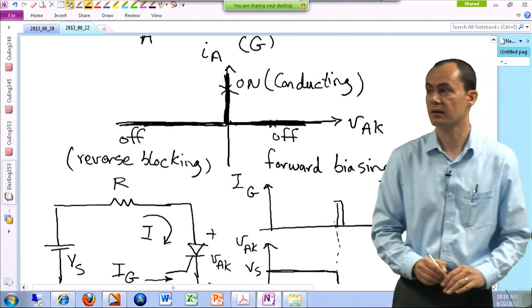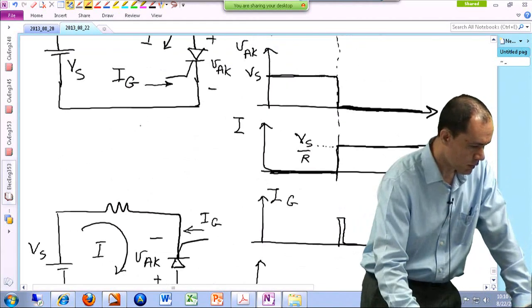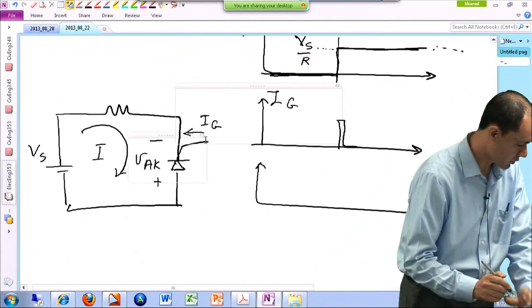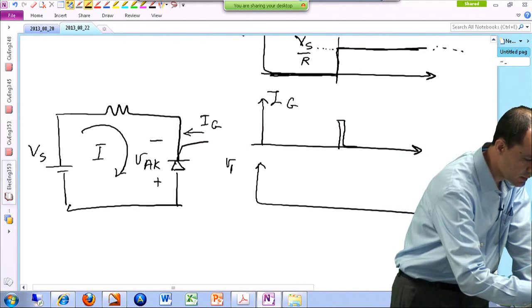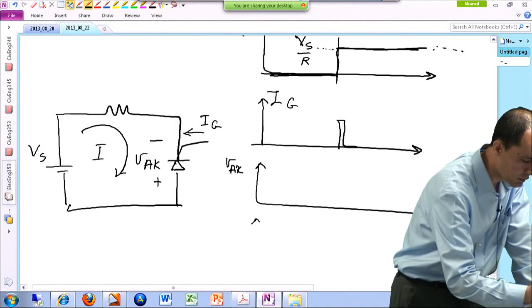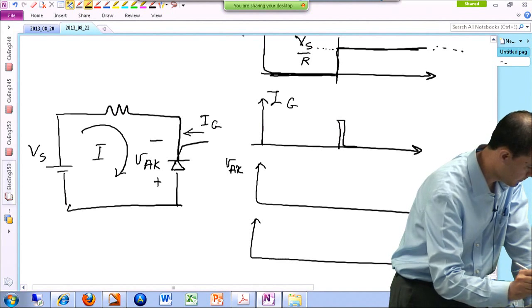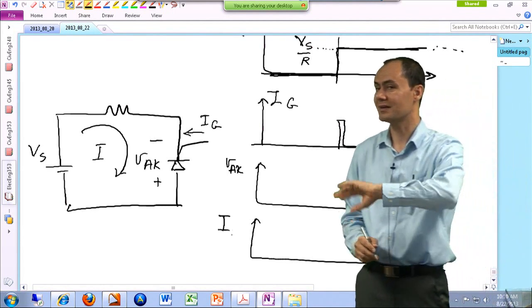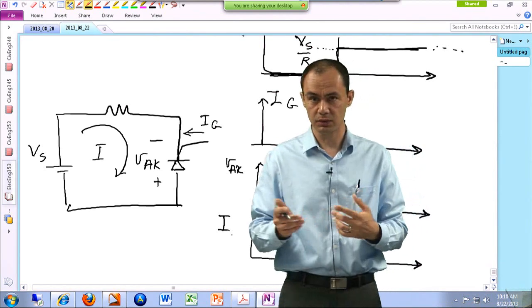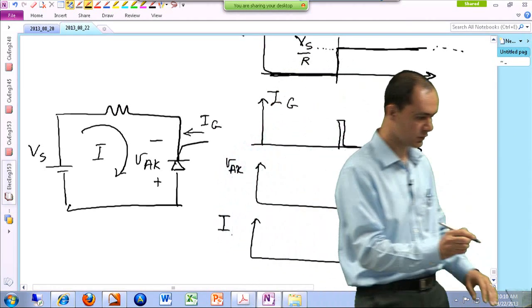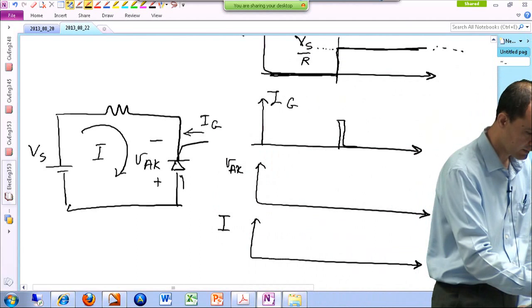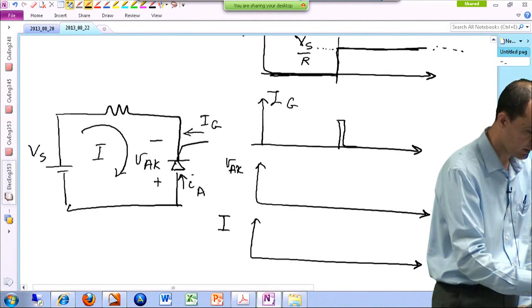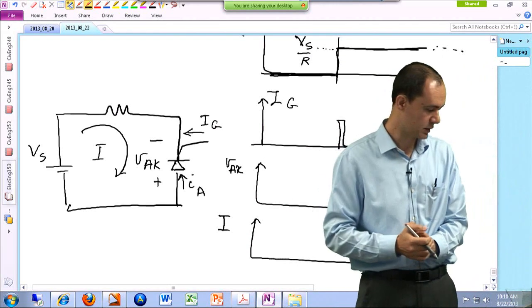So I have to figure it out. That's why I'm looking at the voltage drop across the terminals of the device and also the current of the loop. This current of the loop is not necessarily the same as the current of the component, because the current in this device has to flow from anode to cathode. Remember, IA is the opposite of I in this case.